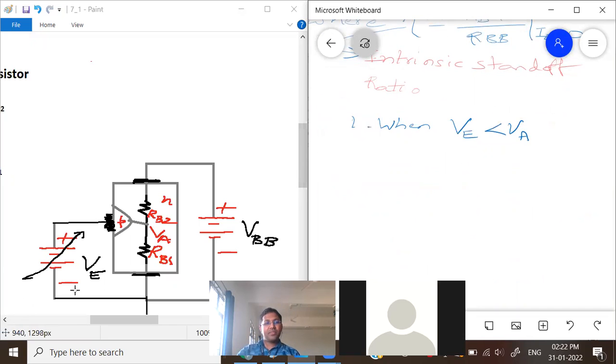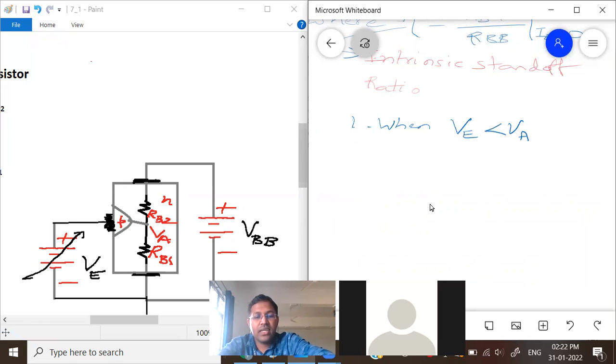So first, what happens when VE is 0? When VE is 0, because of the VBB connected on the output side, VA has some non-zero value. VA is non-zero and positive. VE is 0. We are starting the case.